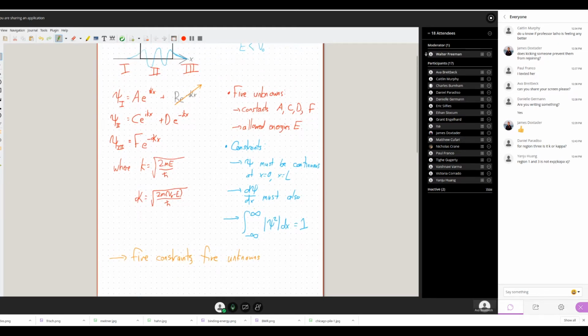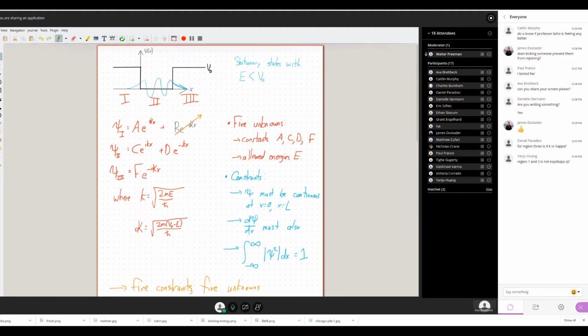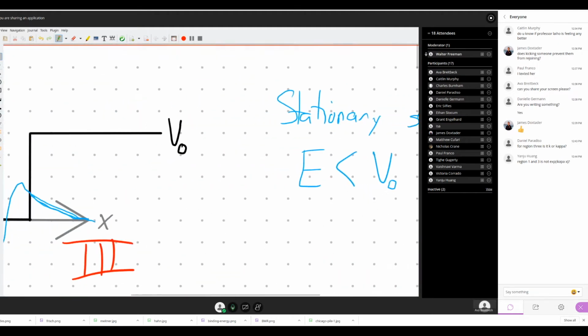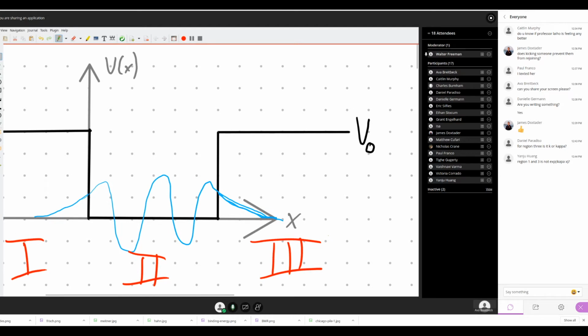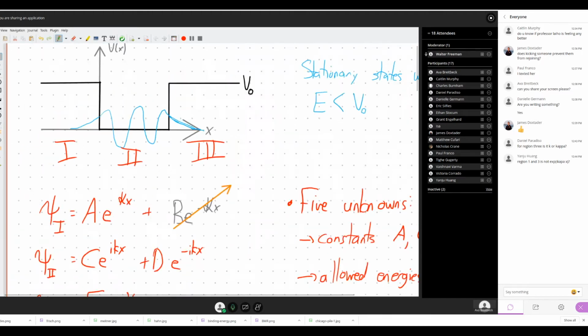So Yanju, in regions 1 and 3 you get exponentially growing and decaying behavior. That's where the kinetic energy is negative and the wave number is imaginary.